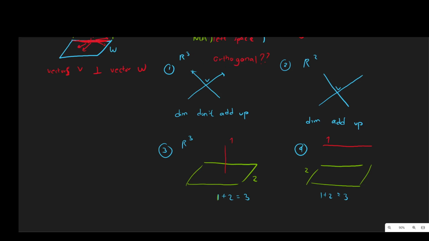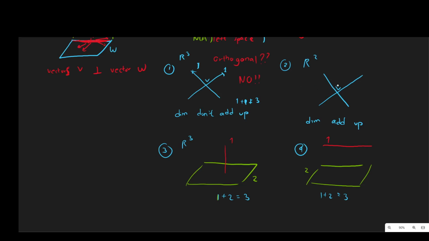Is this orthogonal? Well, the answer is no, because we know previously the dimensions should add up. This one is only a subspace of dimension 1, and this also has a dimension of 1, so 1 plus 1 doesn't equal 3.